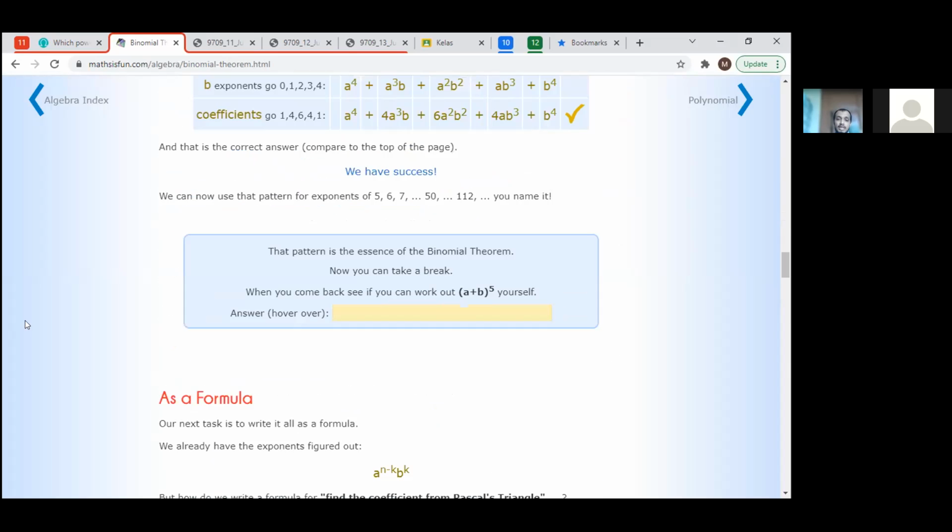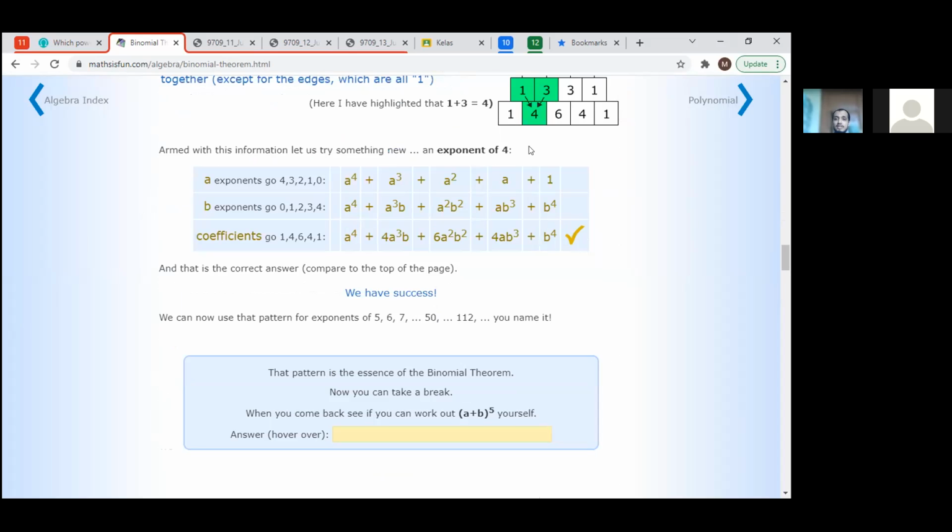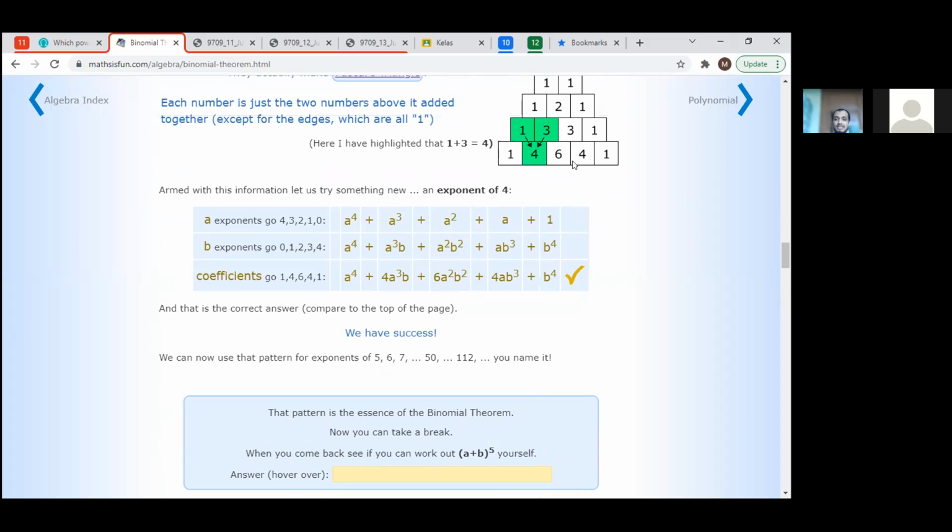So yeah, by the way, if you want to check whether you have understood using Pascal's triangle to expand the binomial, you can try to find, for example, a plus b to the power of 5.